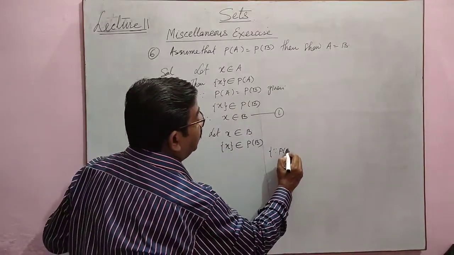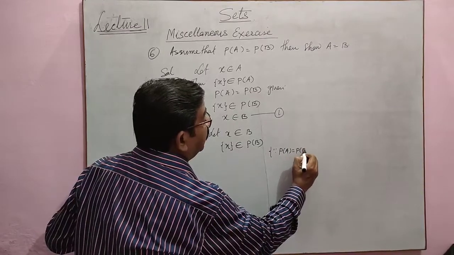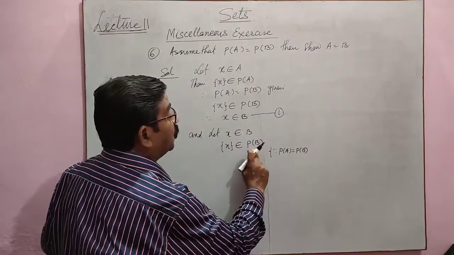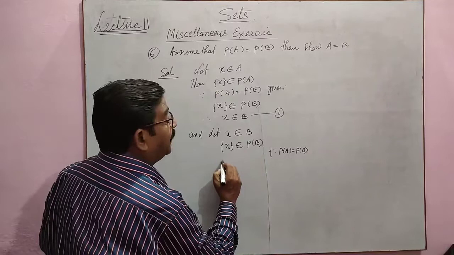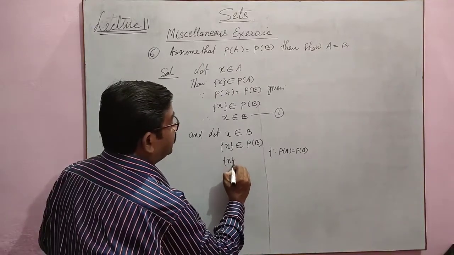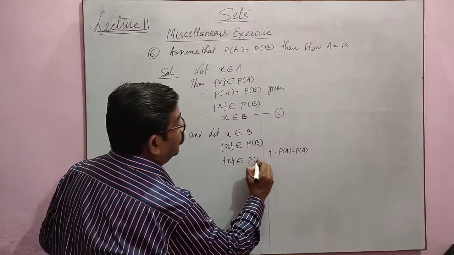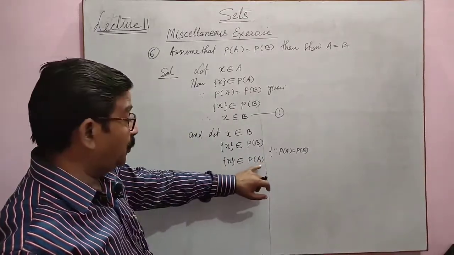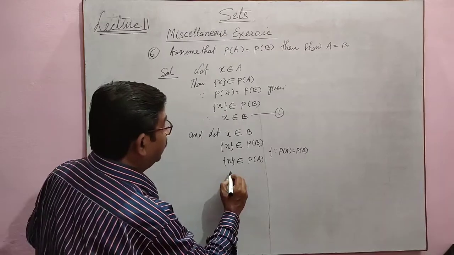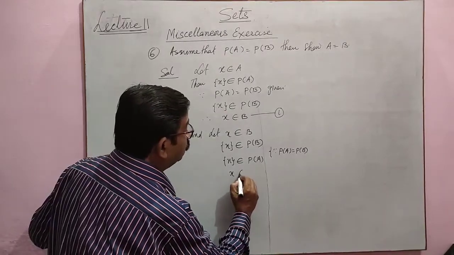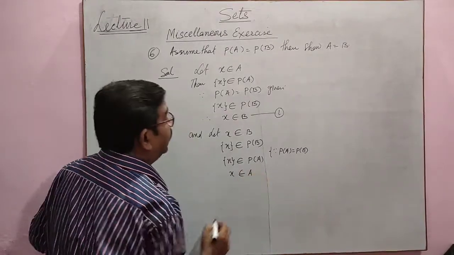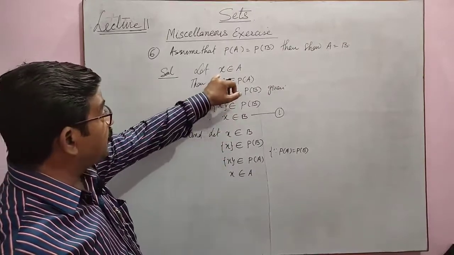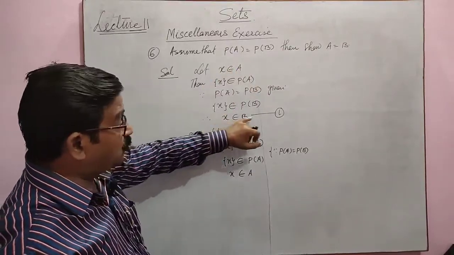Since PA is equal to PB, given, in place of PB we can write PA. So this X belongs to PA, and if this subset belongs to this power set, it means X belongs to A.